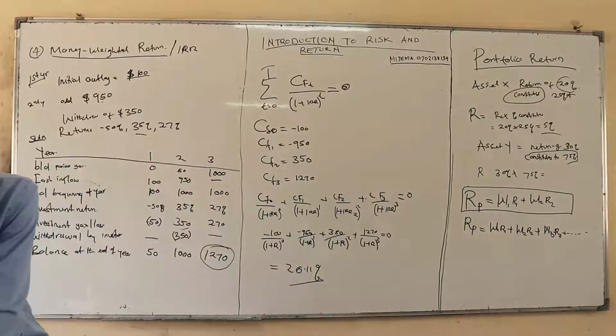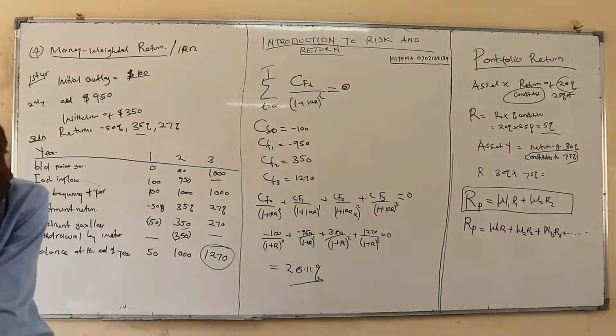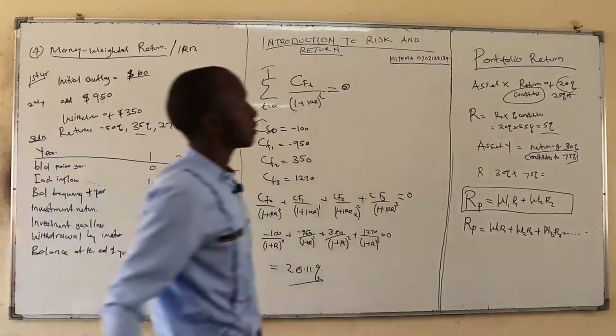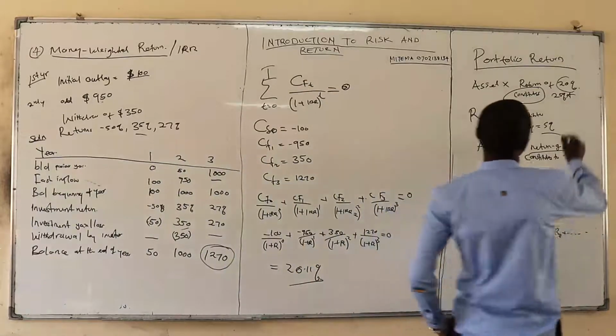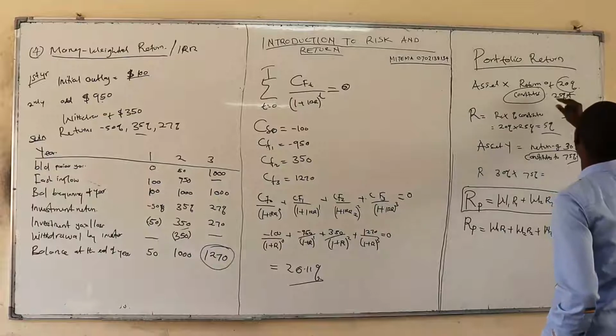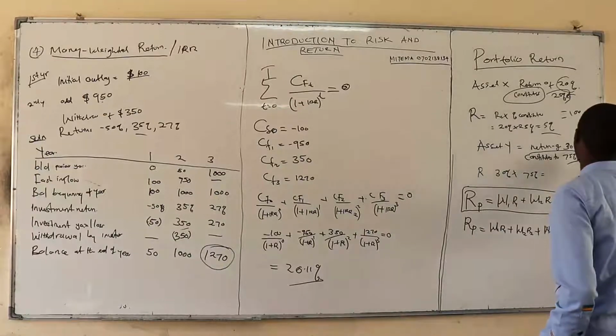For example, where the assets are two in this kind of portfolio, the weights, or what each constitutes in the portfolio, should always be equivalent to 100%. That's why you have a 25% weight and a 75% weight.